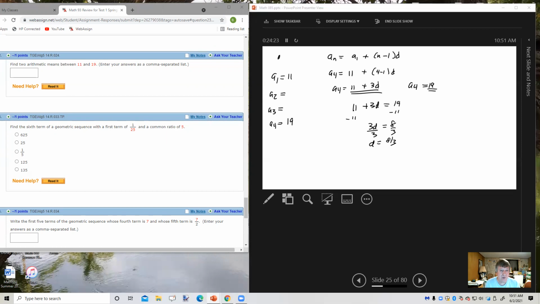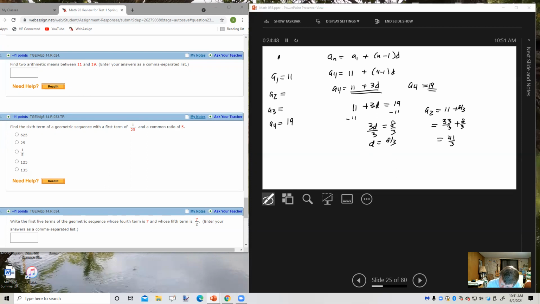Okay. So now, let's see, what are we supposed to do? We'll find the two arithmetic means. So a sub 1 is 11. A sub 2, let's write over here. A sub 2 would be 11 plus 8/3. I'm going to change that into an improper fraction, which would be 33/3 plus 8/3, or 41/3.